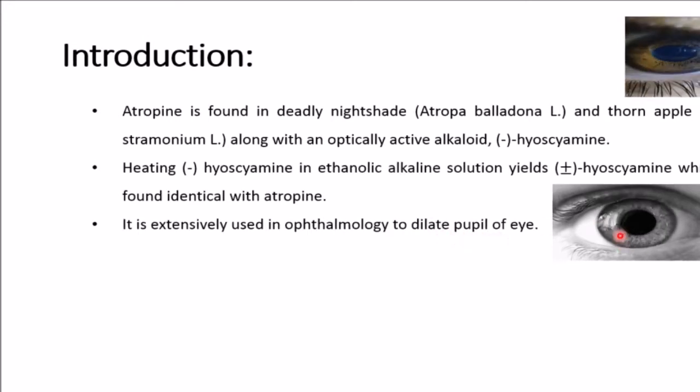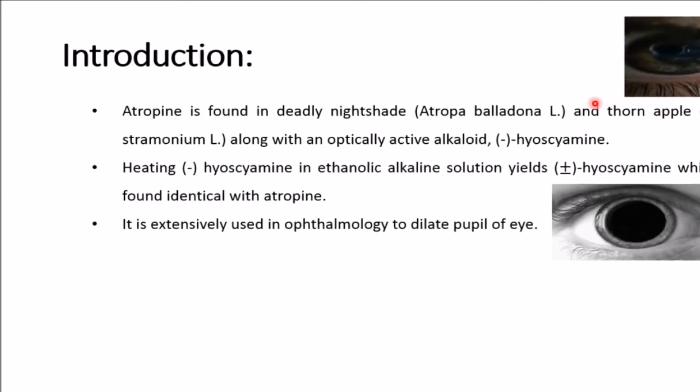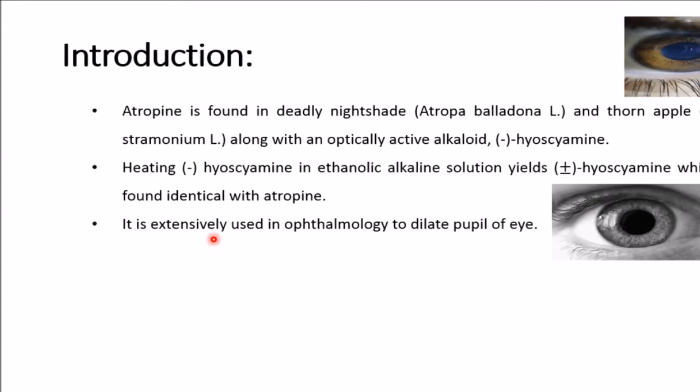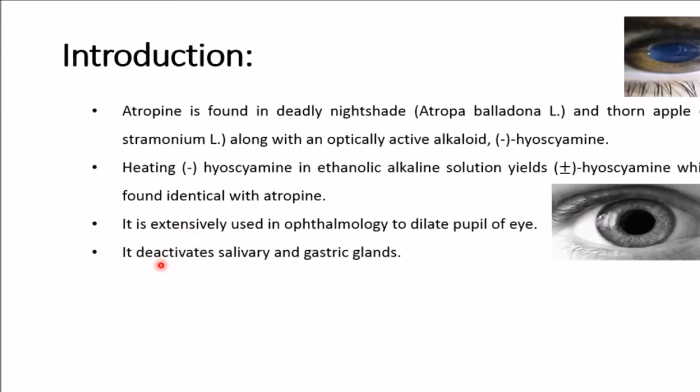This is a dilation of the pupil that is animated, and this is the real picture. You can see the pupil open up and close, and for that atropine is extensively used.